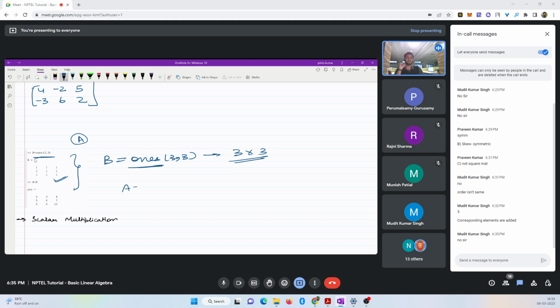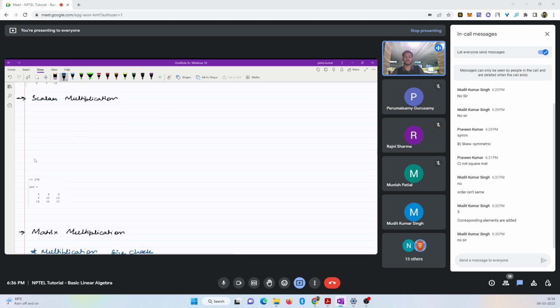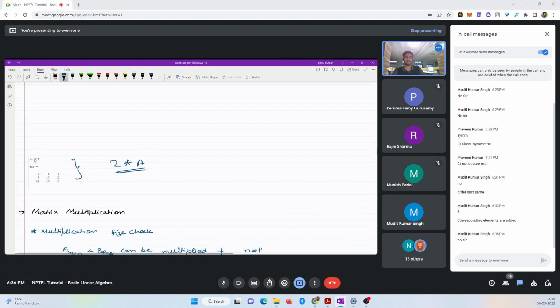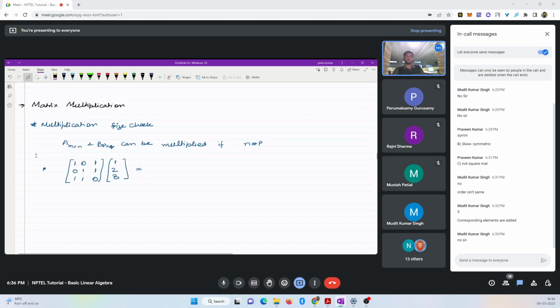To add, you just need to write A plus B, it would give you the answer. Scalar multiplication I've already covered. For MATLAB, you just need to write 2 into A. Let's say you want to multiply by 2 or any other constant, you just need to write that, multiply it by that.